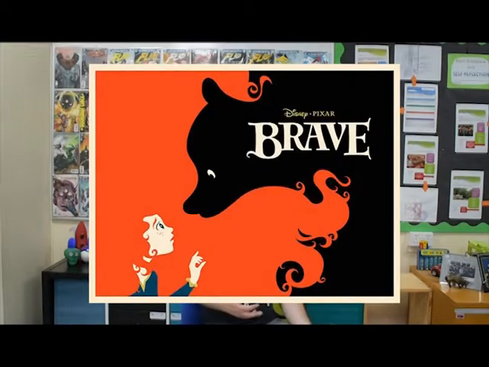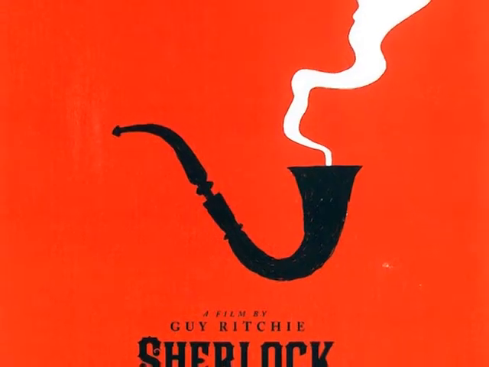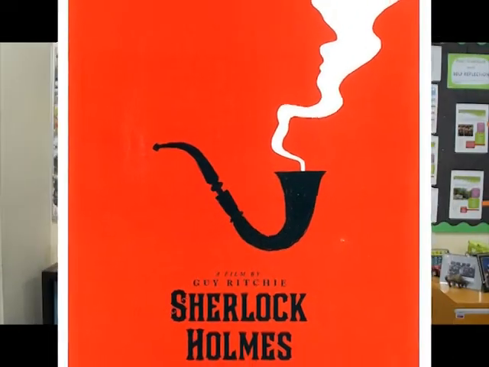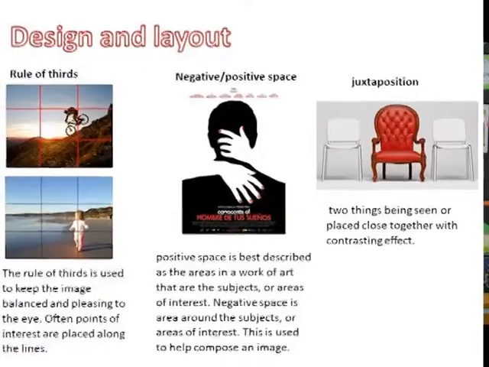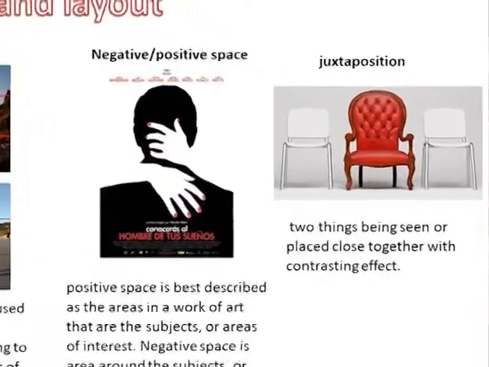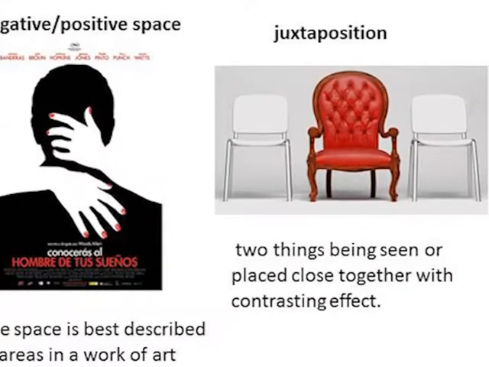Sometimes the negative space can also give a lot of meaning, can also include sort of shapes and symbols in order to imply some meaning. And then juxtaposition is just where things are placed together and they contrast, they stand out more because of how contrasting they are to each other.